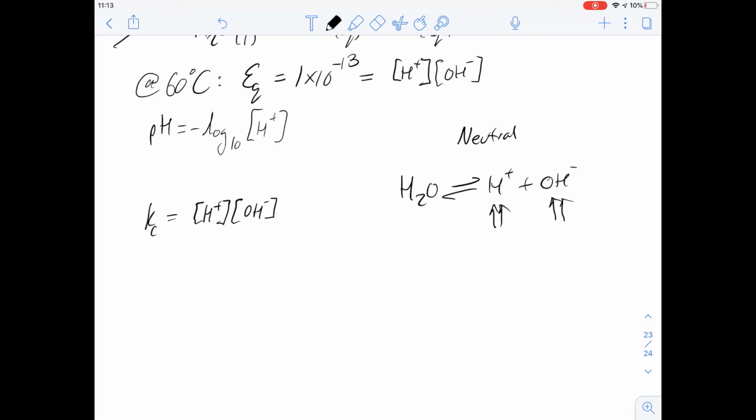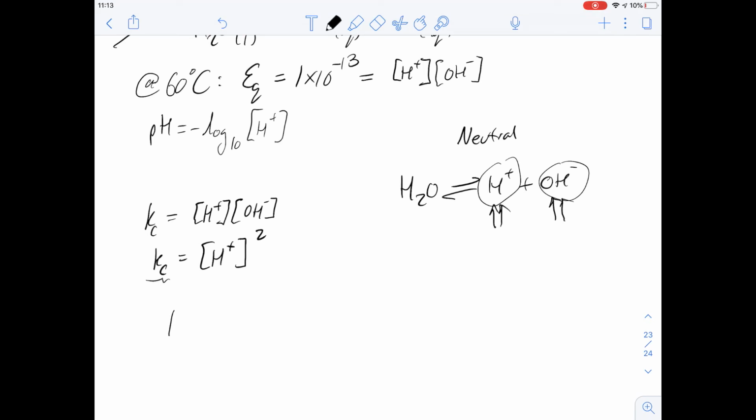To make this even easier, we don't know the hydroxide ion concentration, but it's going to be the same as the hydrogen ion concentration because we have this 1-to-1 ratio. For every one of these you have one of the other, which means that the Kc, and there's a couple of different terms you can use here, is going to be this squared.